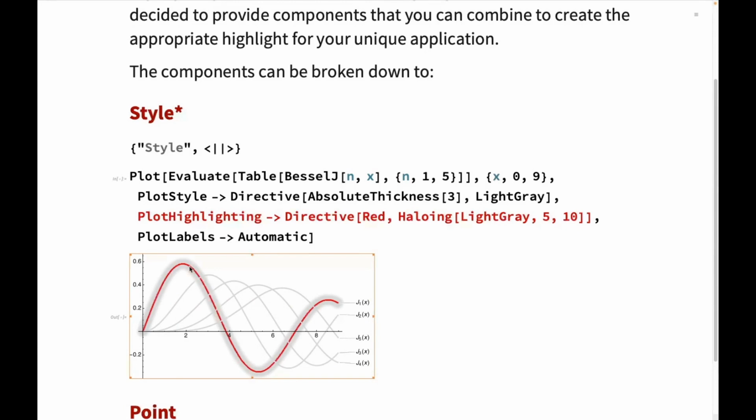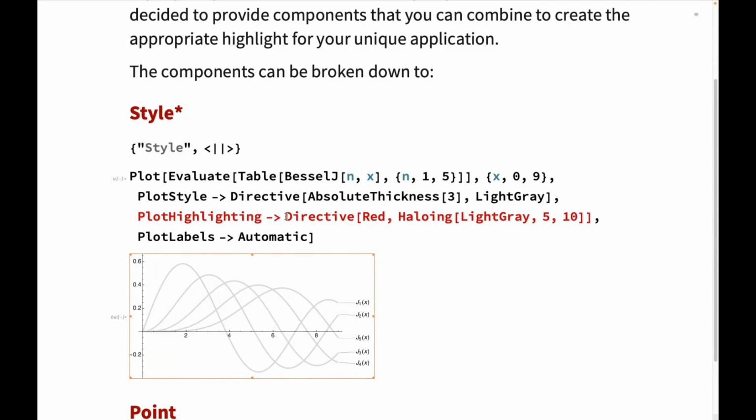The reason I put the asterisk here is that although it is one of the components, it doesn't really interact well with others, because this relies on mouse over, and all of the other components also rely on mouse over behavior. So there are some conflicts between this style and the others.